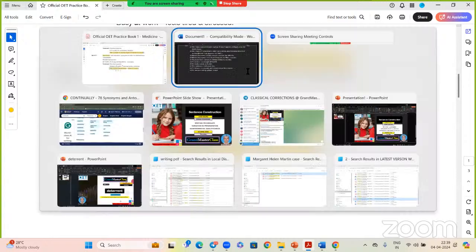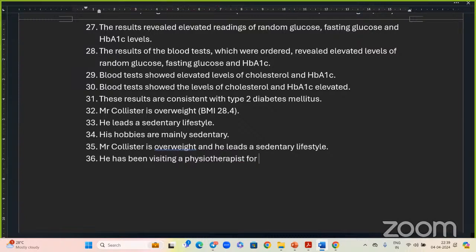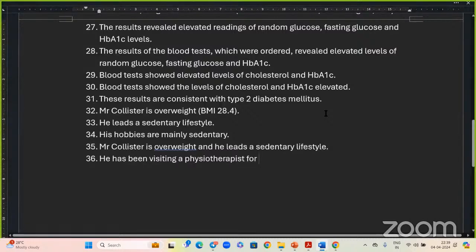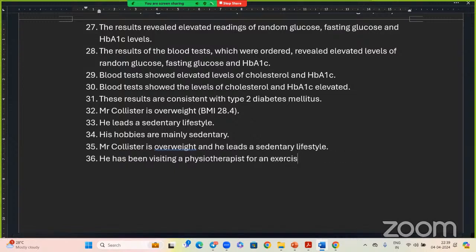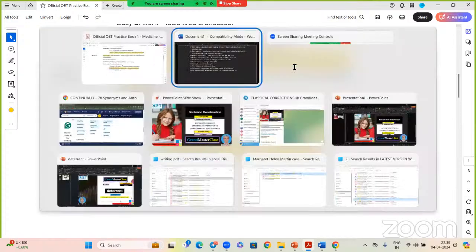So he has been seeing or visiting a physiotherapist. What is the purpose there? For exercise program.